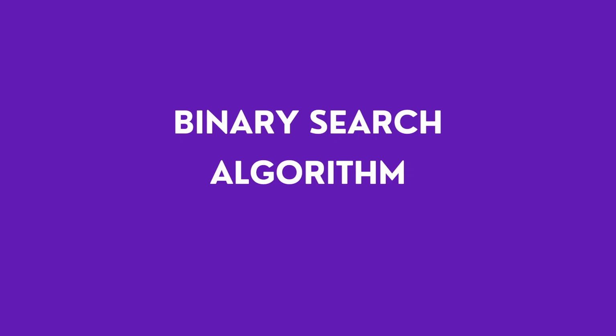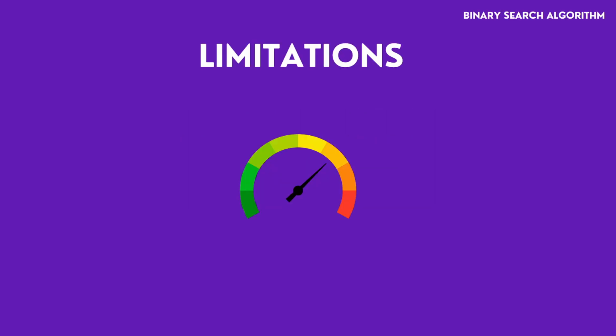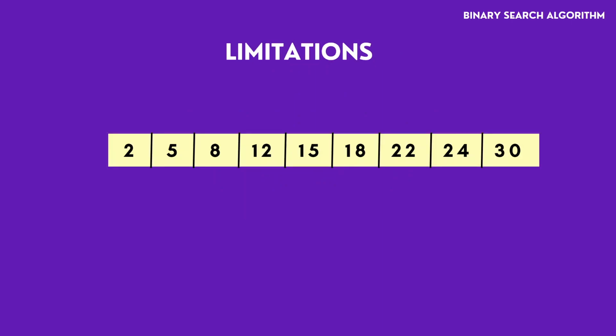So when you're learning the binary search algorithm, first you need to understand the limitation, which is very simple: you can apply this algorithm only if the array or list is sorted. As you can see over here, the array list is sorted: 2, 5, 8, 12, 15, 18, 22, 24, 30.